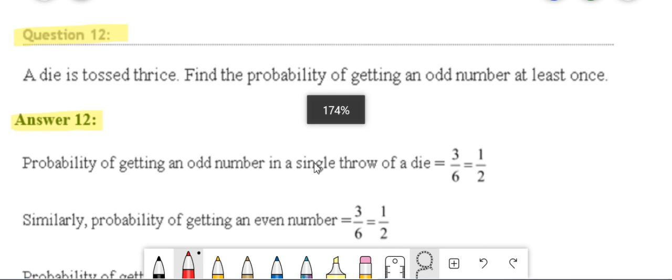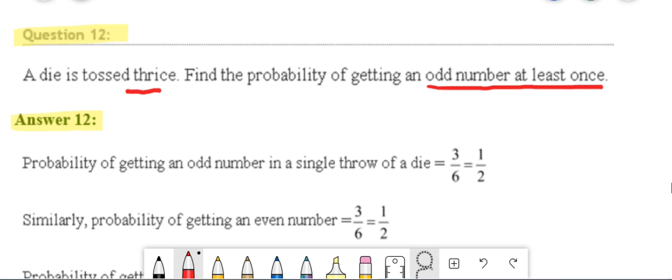Very important for you. A die is tossed thrice, 3 times I am tossing the die. Find the probability of getting an odd number at least once. This is very important. Students cannot understand "at least 1". At least 1 means either 1 or 2 or 3.